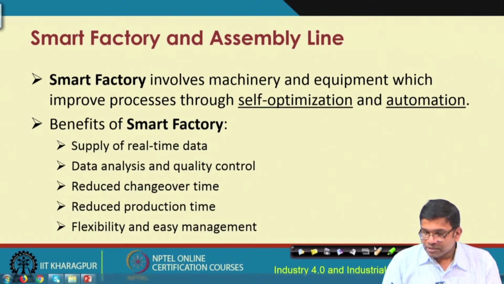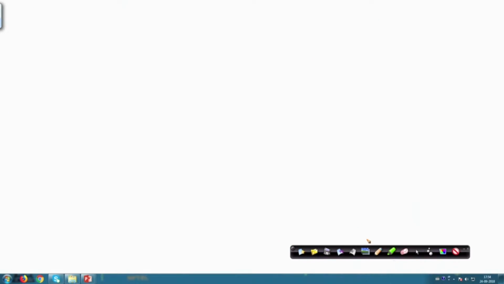Before I proceed, let me show you some of the different features of a smart factory. Smart factory is something that I have already discussed in a previous lecture, but let us try to go over this particular thing in much more detail, because a good application instance of IIoT is basically the building of smart factories.